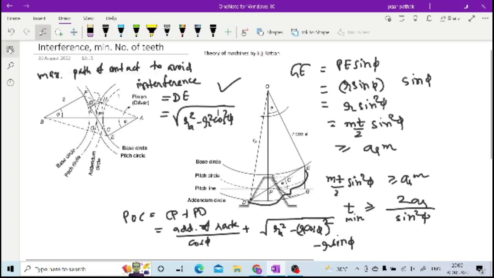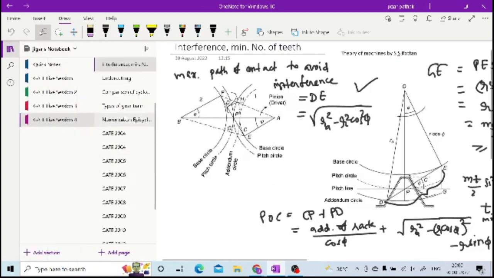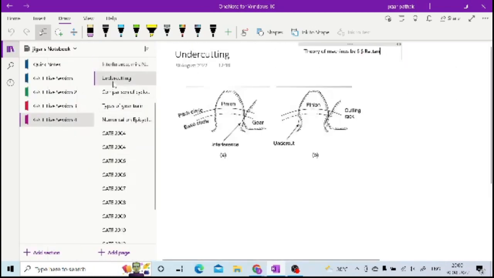Right? So now once you are done with this, then here again undercutting is there. It is to avoid interference, right? As you can see, if you are having the same gear meshing with each other, right, then one of the gear can go to the base of the other gear and it can have that interference.